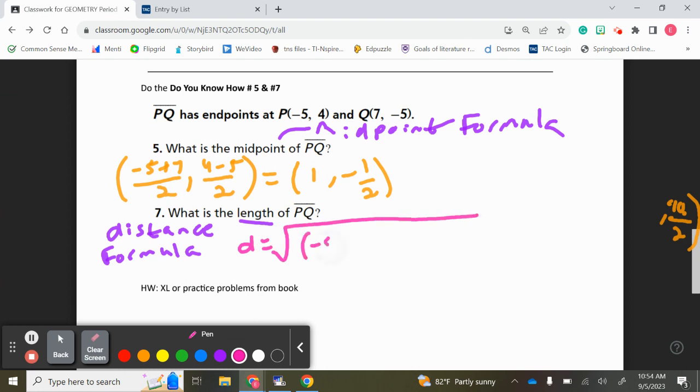I had -5 minus 7 squared plus 4 minus a -5 quantity squared. So it all depended on what you did as your point 1 and point 2, okay? When I simplified, I got the square root of 225, which ends up being a total of 15.